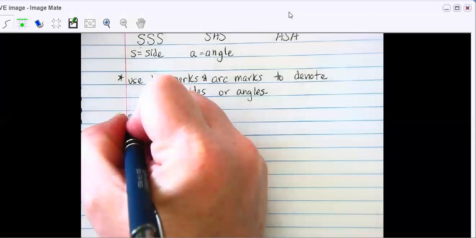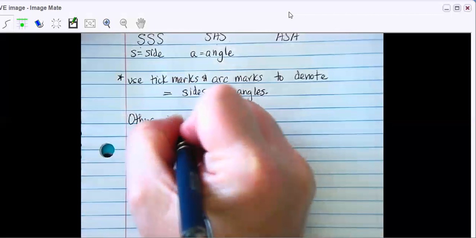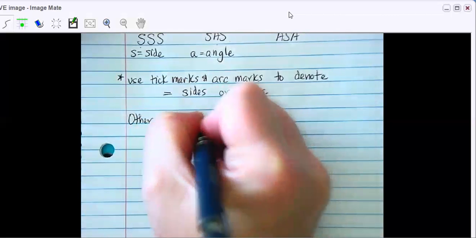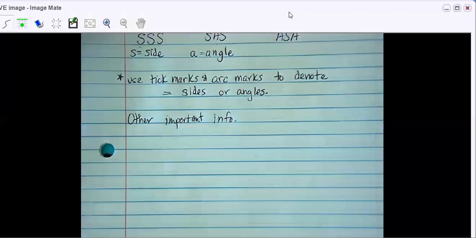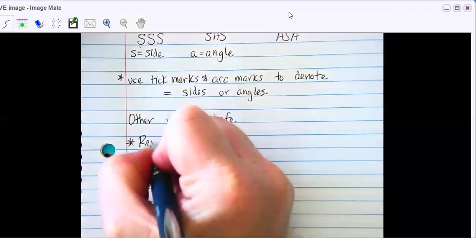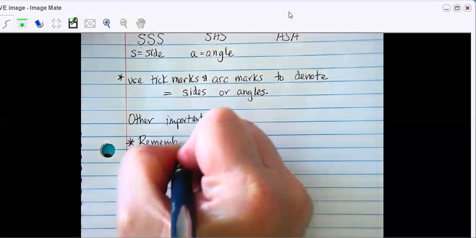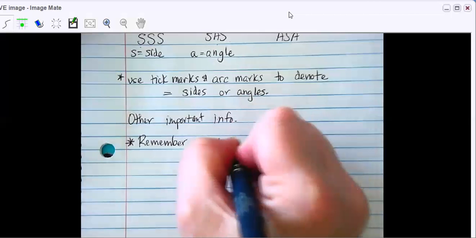We need other important abbreviated info. You must remember your vertical angles are congruent.